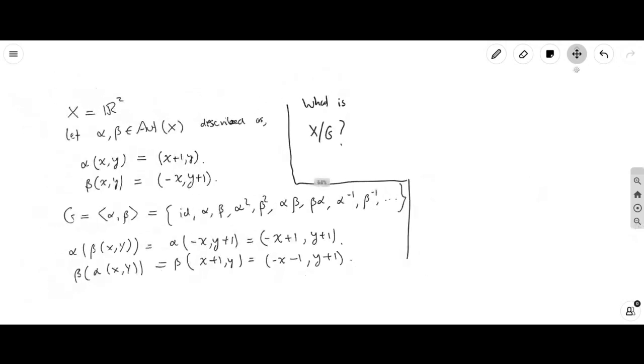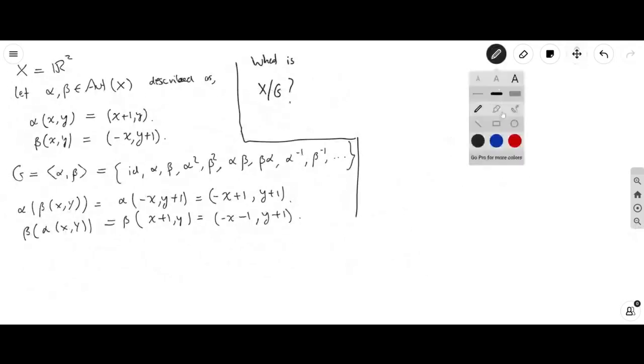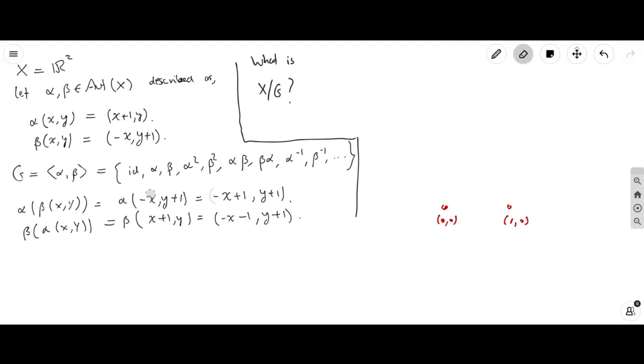So just like with the other examples, let's draw our lattice. So if this is 0, 0, if you apply alpha to that, it will get moved over. So it would be 1 comma 0. So these get identified in the quotient. If you take 0, 0 and you apply beta to that, you get negative 0, 0 plus 1. You go up here. So this is 0 comma 1.